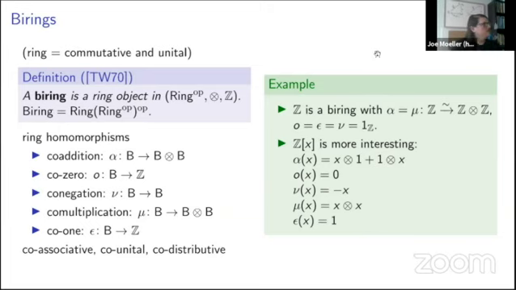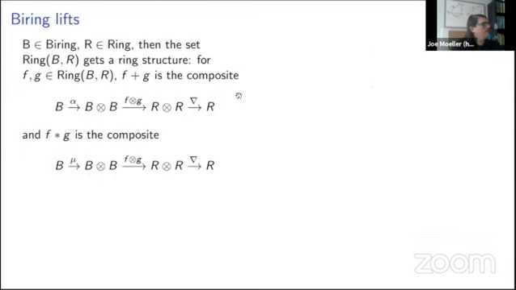So birings, what can you do with a biring structure? In general, the set of ring homomorphisms from one ring to another doesn't get to be a ring itself. If you tried to define pointwise operations on it, the sum of two ring homomorphisms won't be a ring homomorphism. It won't preserve products anymore.